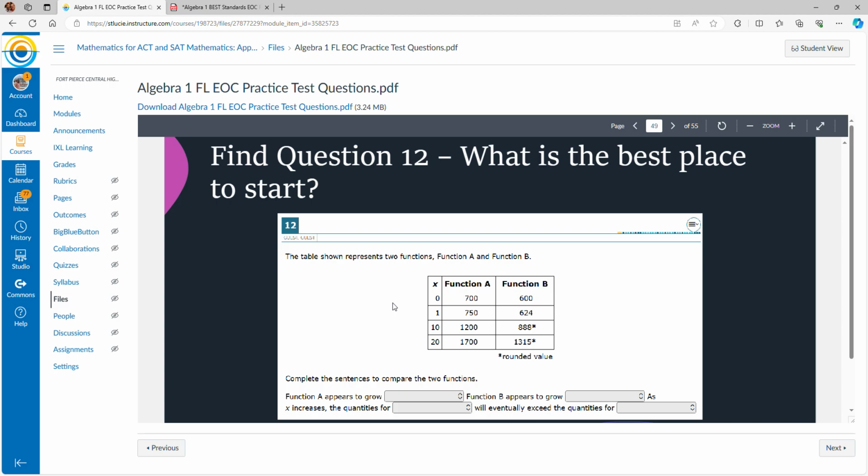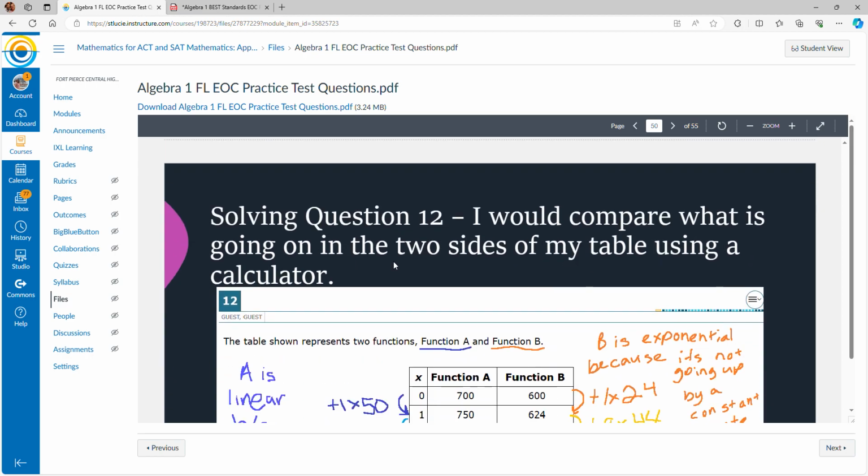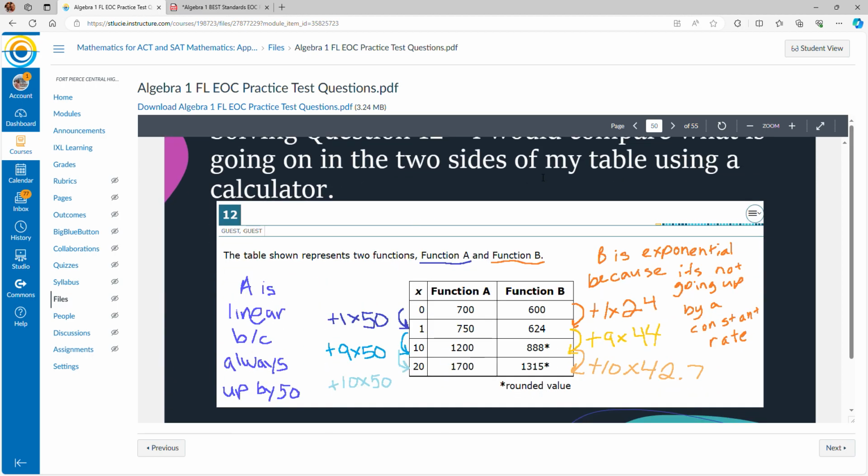So where would you start to figure out this question? For me, I would compare what's going on in the two sides of my table using a calculator. Function A is my blue notes over here, and function B is my orange notes over on this side.